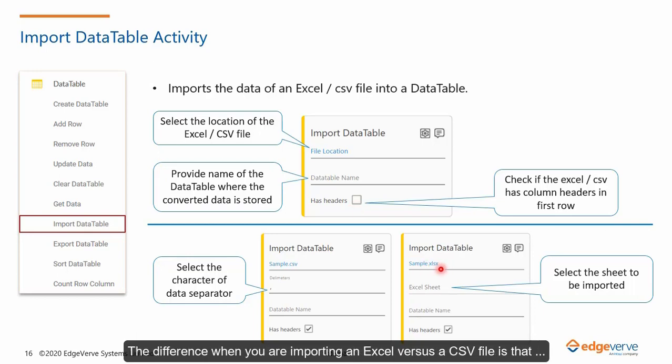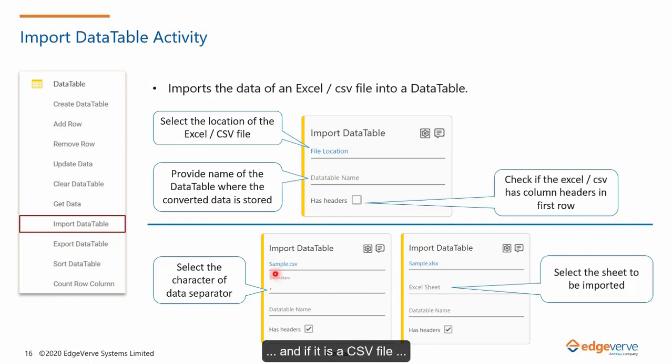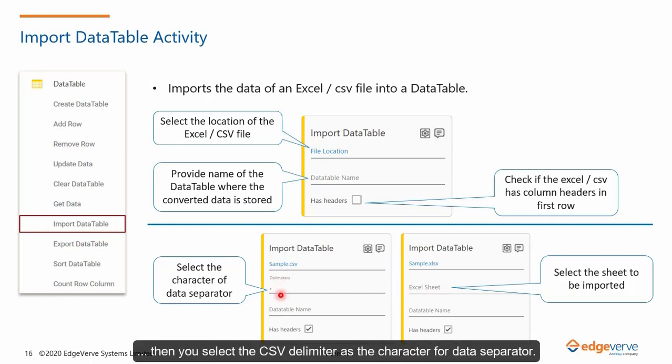The difference when you are importing an Excel versus a CSV file is that if it is Excel import, then you select the sheet from where you want to import the data, and if it is a CSV file, then you select the CSV delimiter as the character for data separator.